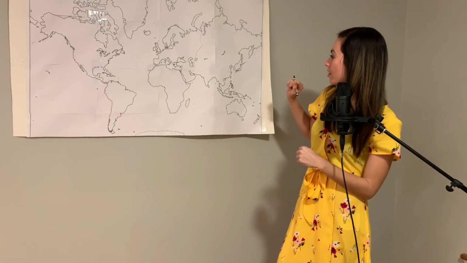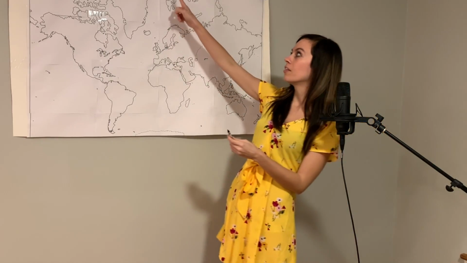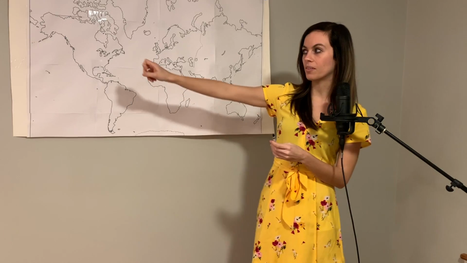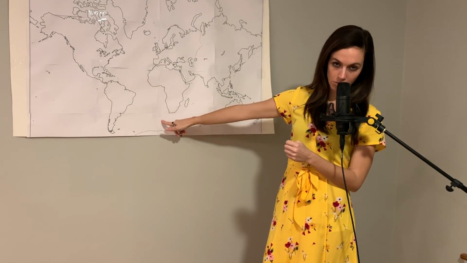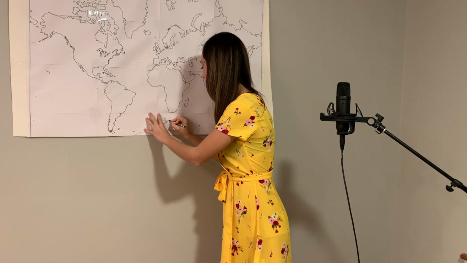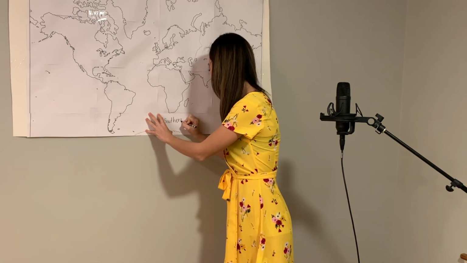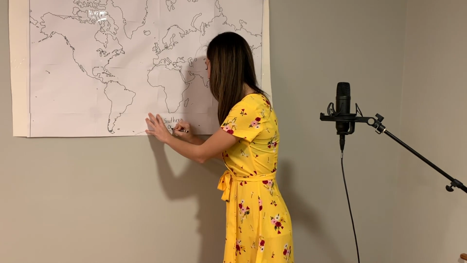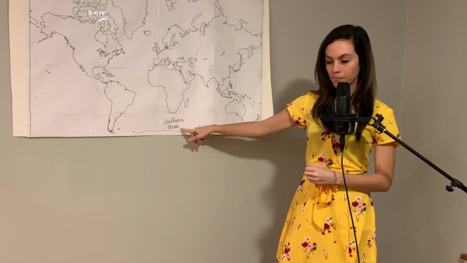So first one I'm going to start with, this is probably one of the easier ones to remember if you know north, east, south, and west. You can figure out that this ocean is the Southern Ocean. So that's southern.